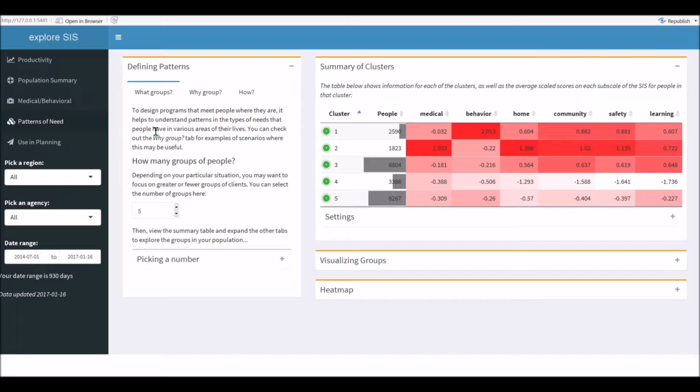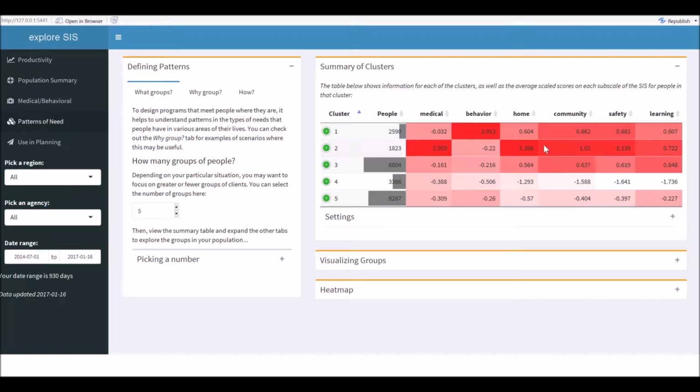So what we're looking at here is what's called a cluster analysis. And what that does is it says, across these different attributes, can we create clusters or groups of people who have similar attributes or similar patterns or profiles across those different attributes?